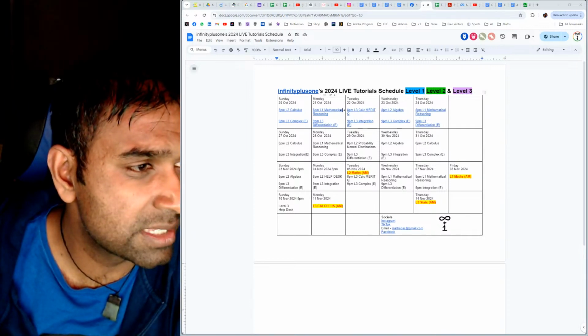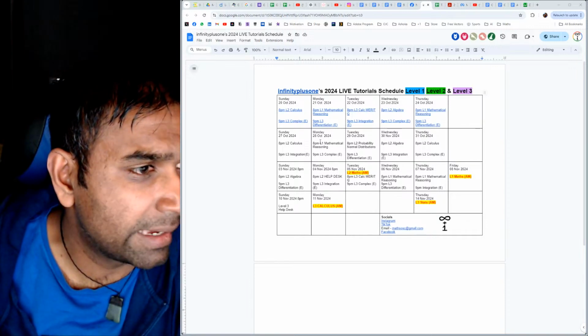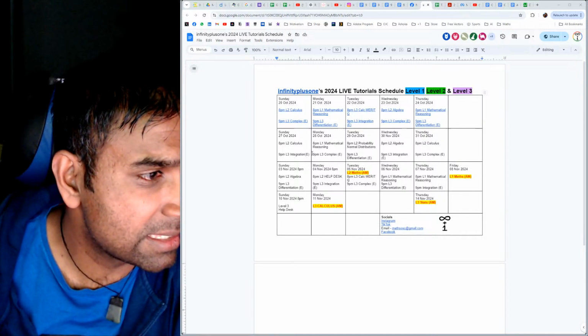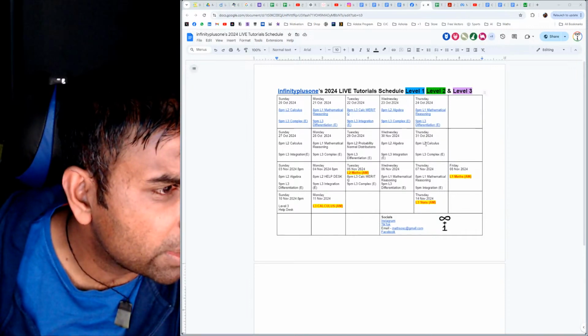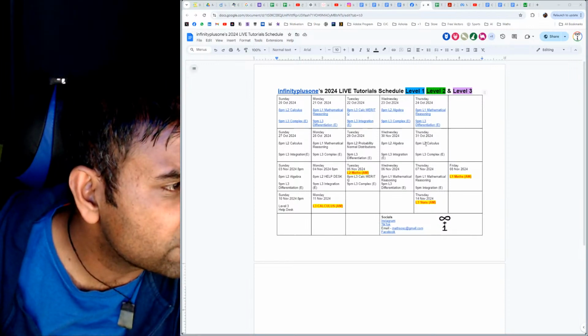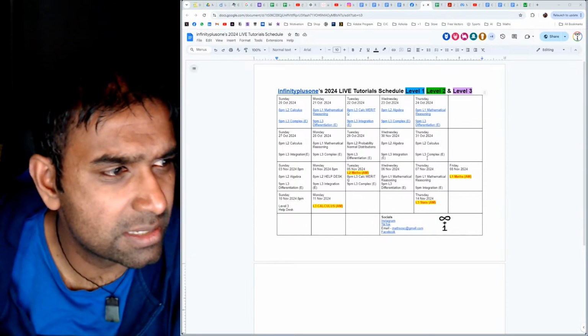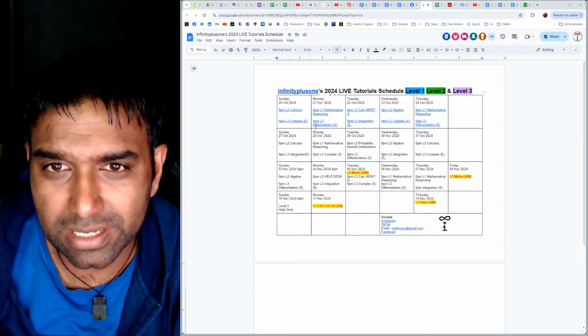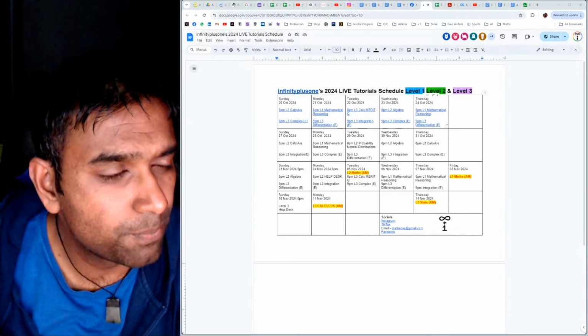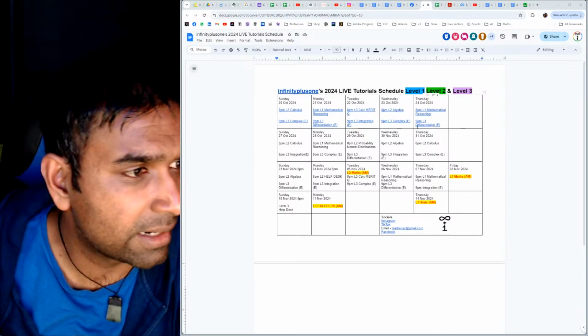I think we're doing it on Thursday, and I'm trying to keep it to the same days, except, why did I change to level 2 calculus? I must have made a mistake. All the ones in blue are links that are ready to go.